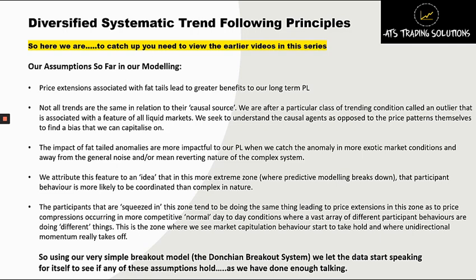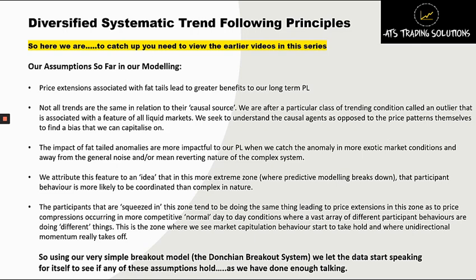This is a zone where we see market capitulation behaviour start to take hold and where unidirectional momentum really takes off. So the participants tend to be doing the same thing, leading to price extensions in this zone, as opposed to price compressions occurring in more competitive, normal day-to-day conditions where a vast array of different participant behaviours are doing different things.